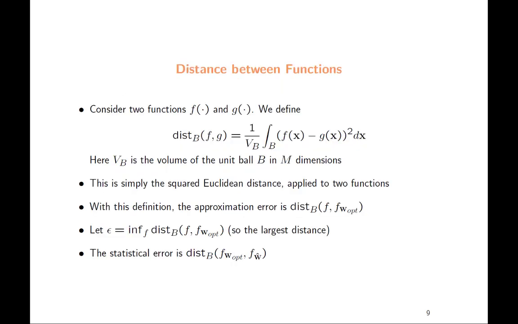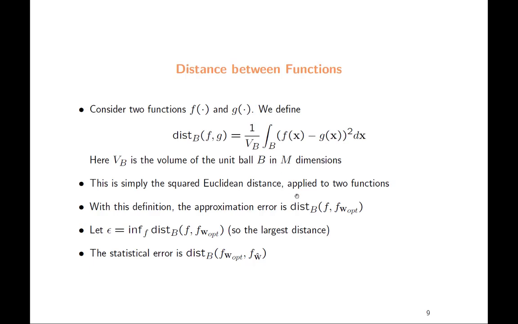So we need to define what we mean by close, and one definition is we take the difference between two functions, take the square of that, integrate it over some unit ball, and maybe divide by the size of this ball.